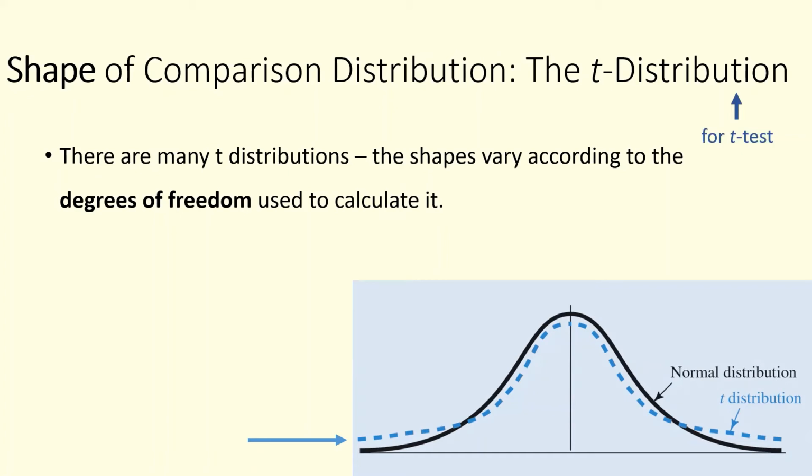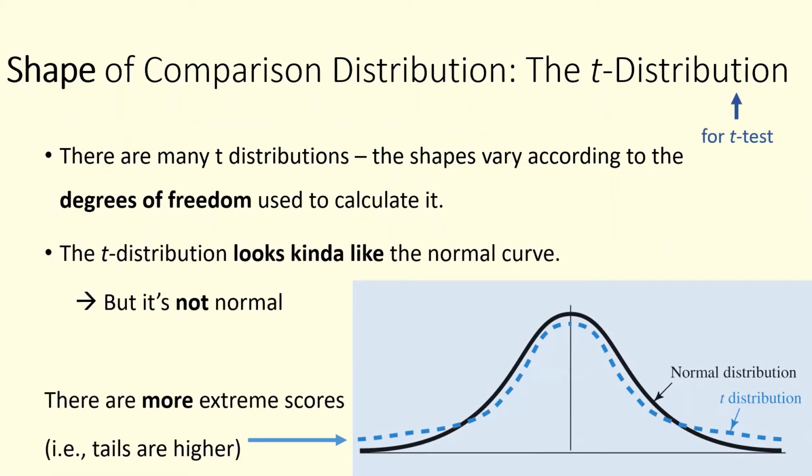What that means is that there are more scores in those tails in the t-distribution than in our normal distribution or our z-distribution. So there are more extreme scores than in our z-distribution. This particular distribution, the t-distribution, is not normal because of this little bit of a difference.